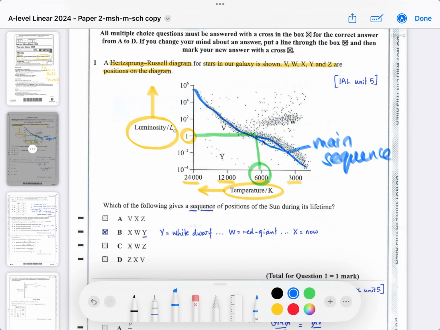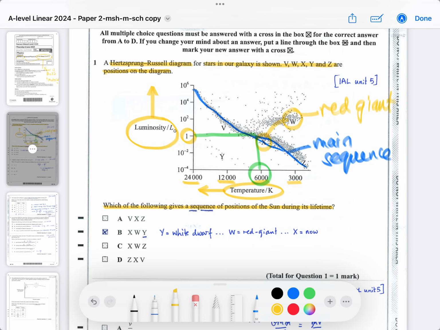The question is, which of the following gives a sequence of positions of the sun during its lifetime? The sun is currently at a luminosity of 1, about 6,000 Kelvin surface temperature. So our sun goes from the main sequence, closest to X, to W, where it would go into its red giant phase.